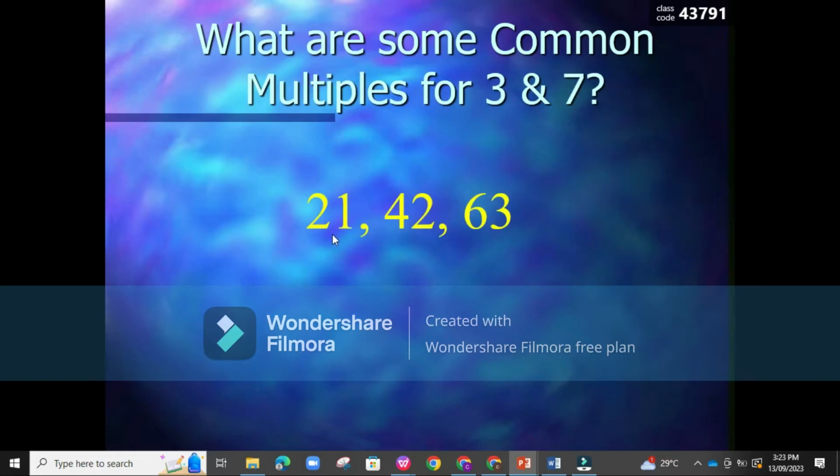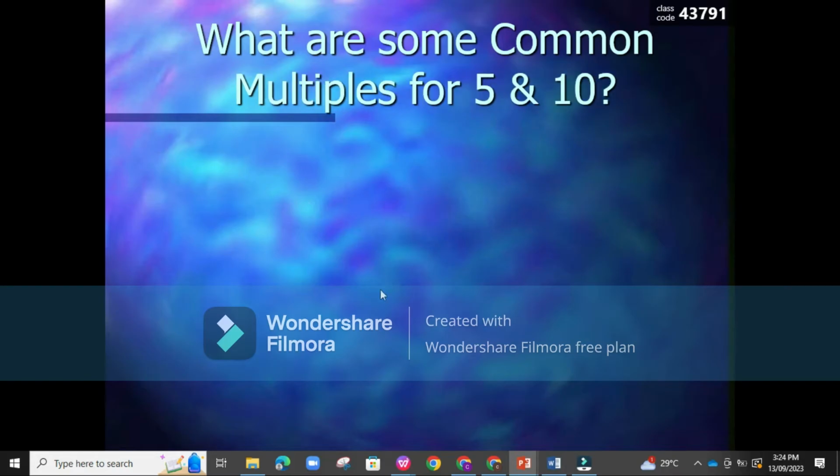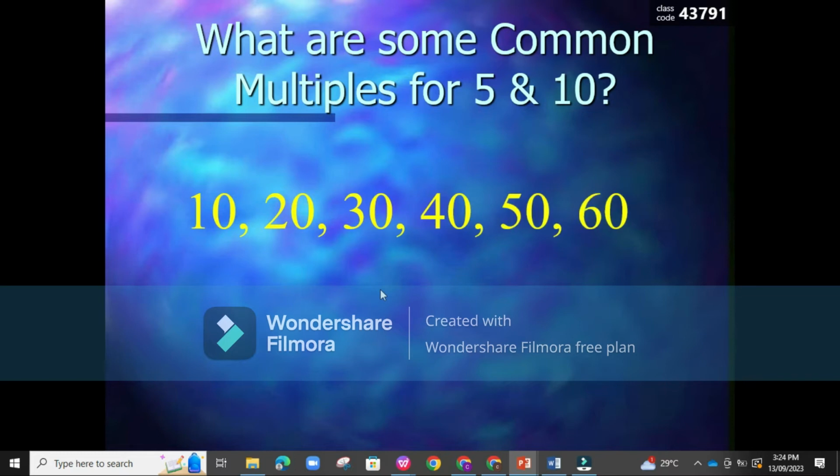We can divide these numbers exactly by both 3 and 7. How about 5 and 10? Common multiples for 5 and 10 are 10, 20, 30, 40, 50, and 60. This set of numbers can be exactly divided by both 5 and 10.